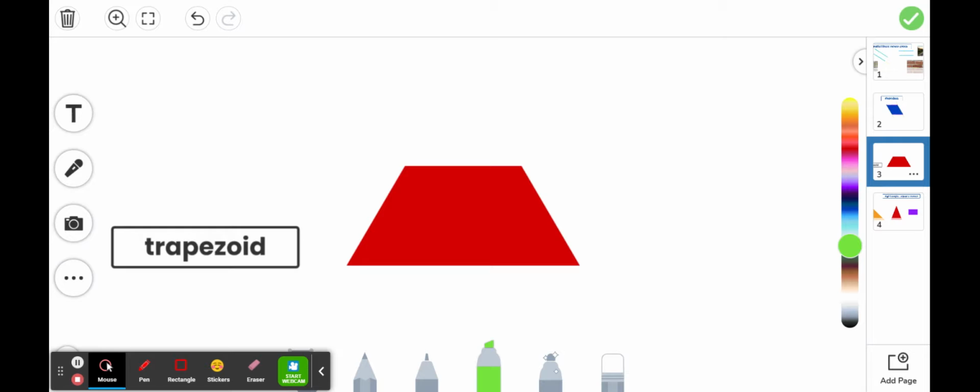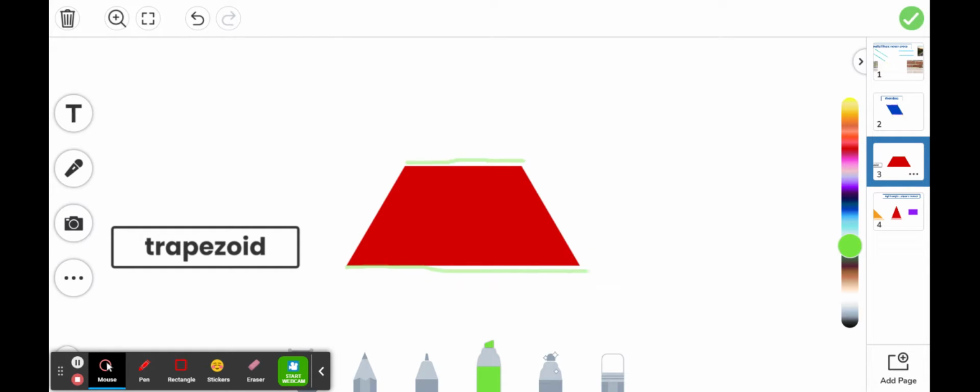Let's look at this next shape. This is a trapezoid, and this shape has 4 sides. It has 4 vertices, but it only has 1 pair of parallel lines. So this line is parallel to this bottom line of the trapezoid.